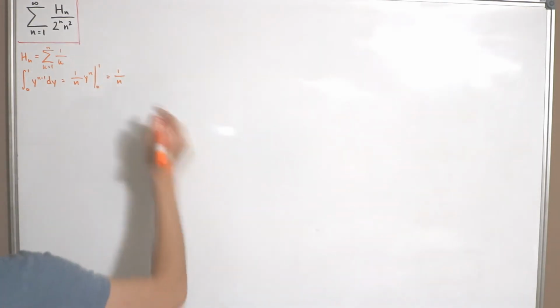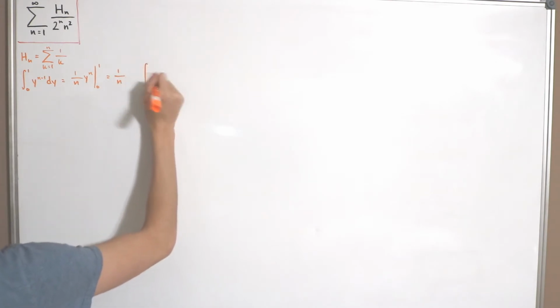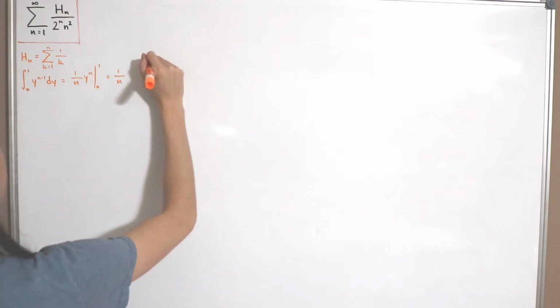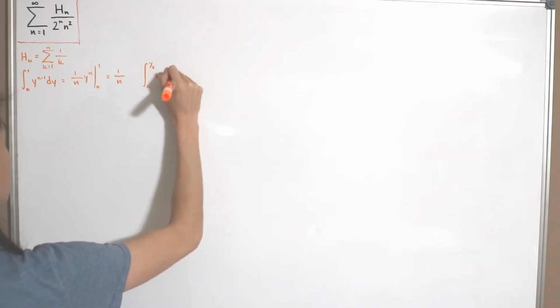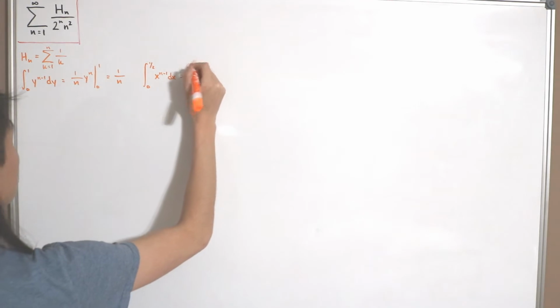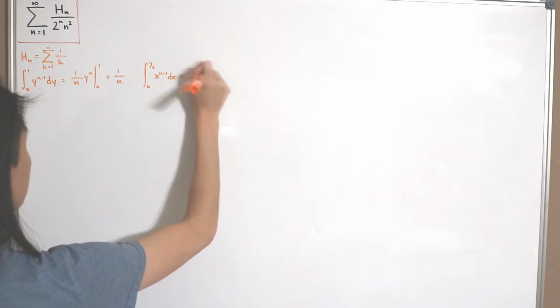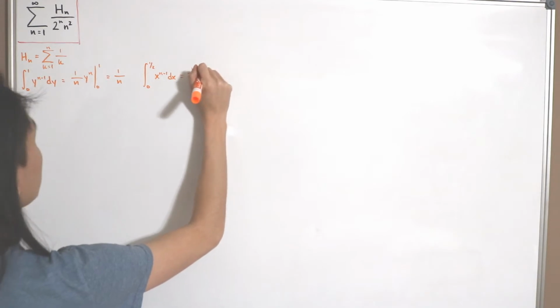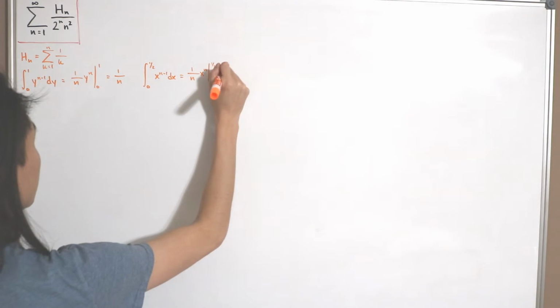I'll take another observation. Notice that if I take the integral from 0 to 1/2 of, we'll call this variable x, x to the power n minus 1 dx, then if I take its antiderivative and then the definite integral, I get 1 divided by n times x to the power n from 0 to 1/2.